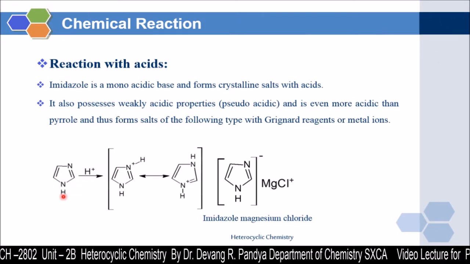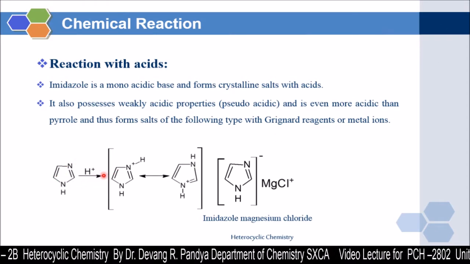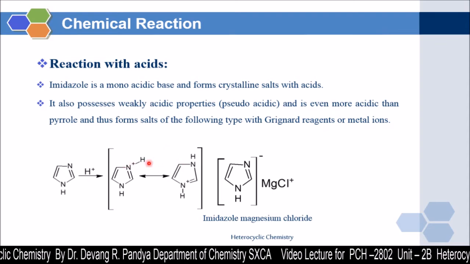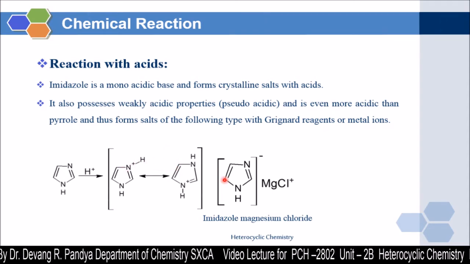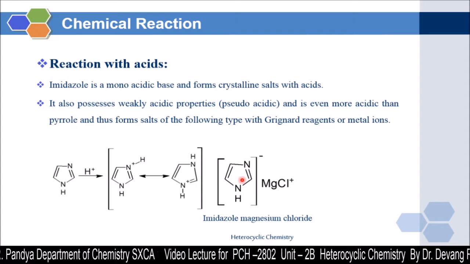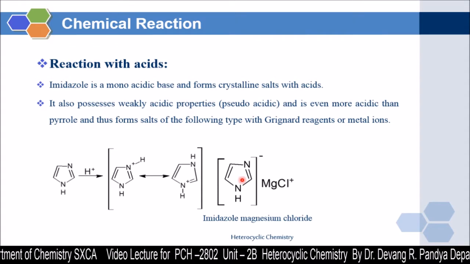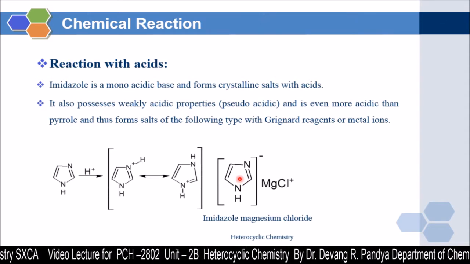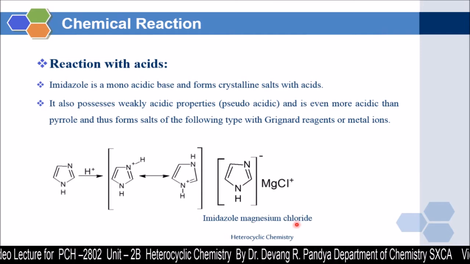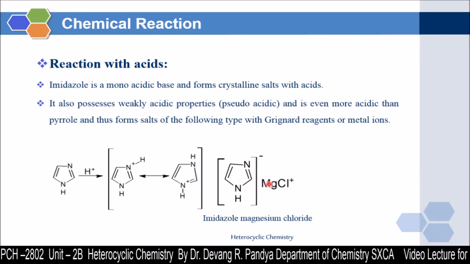So you can see that imidazole treated with this proton gives us these two resonating structures, which when treated with magnesium in zero oxidation state with halide in dry ether give imidazole magnesium chloride, a kind of Grignard reagent.